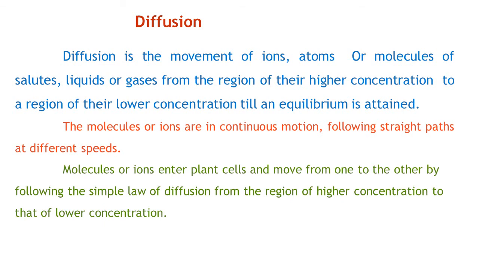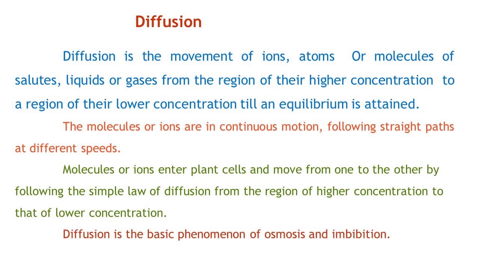Molecules or ions enter plant cells and move from one to the other by following the simple law of diffusion, from the region of higher concentration to that of lower concentration. Diffusion is the basic phenomenon of osmosis and imbibition.